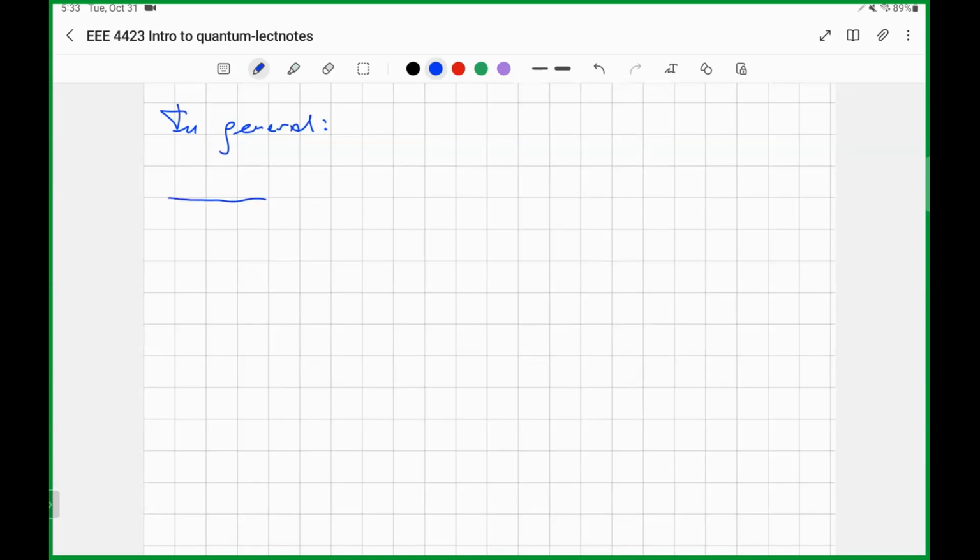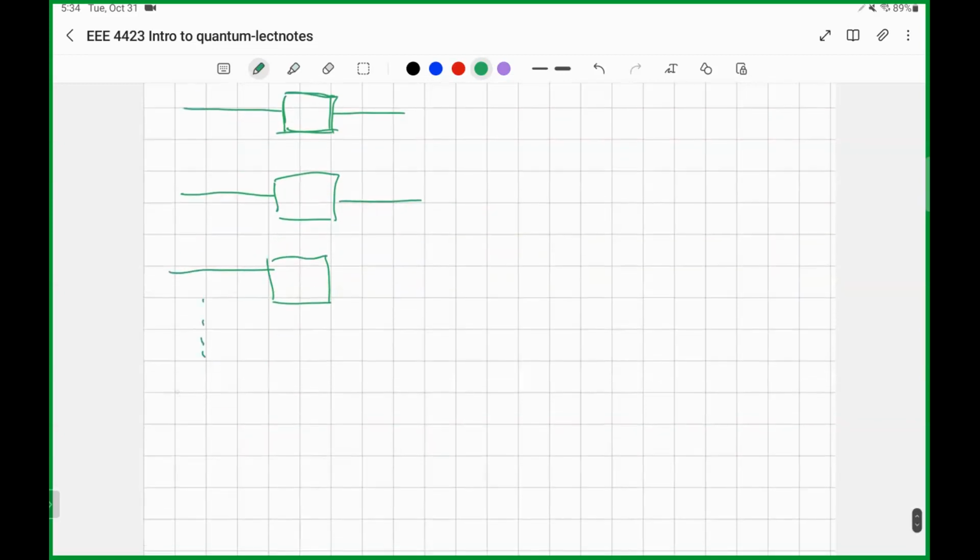For a system with a number of qubits, we create the quantum interference, or open up the quantum interference, by applying Hadamard gates to every qubit: qubit 1, qubit 2, qubit 3, all the way down to qubit n.